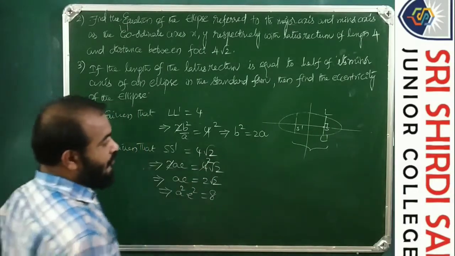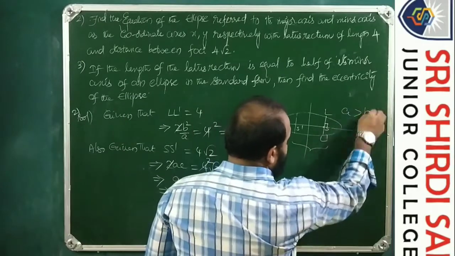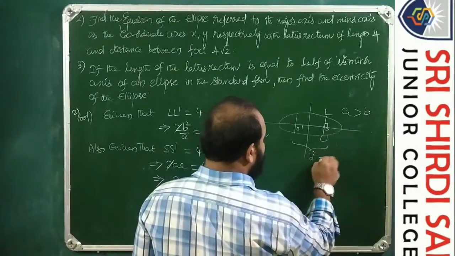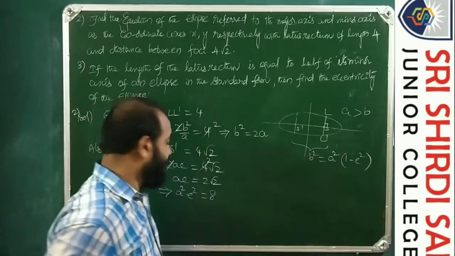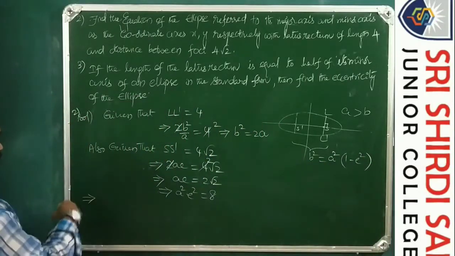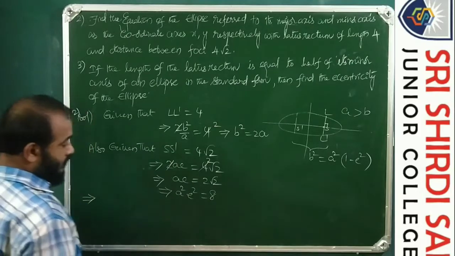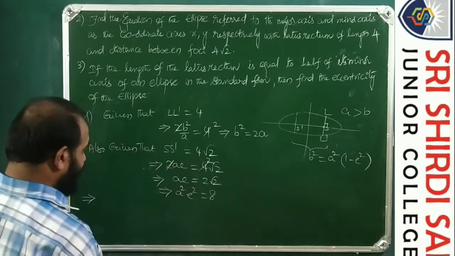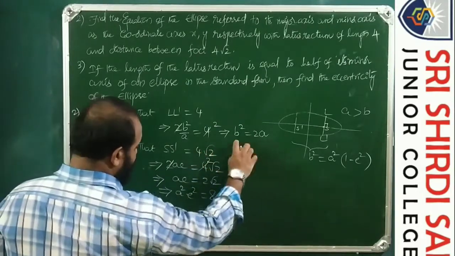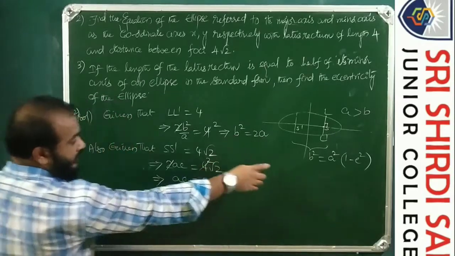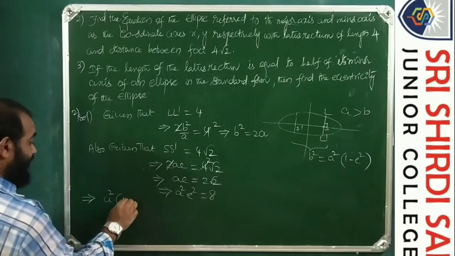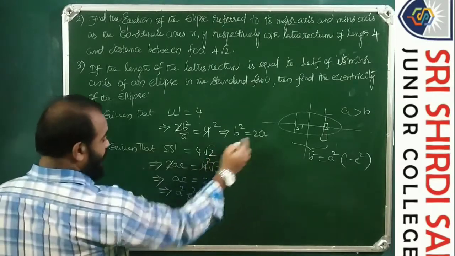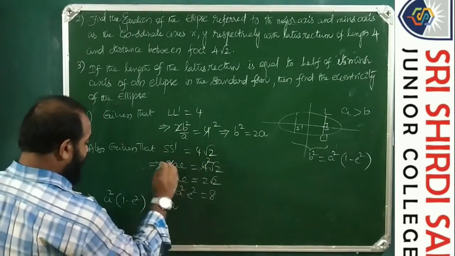We know that for a greater than b, b square is equal to a square into 1 minus e square. And b square equals 2a here. So b square can be replaced with a square into 1 minus e square, which is equal to 2a.